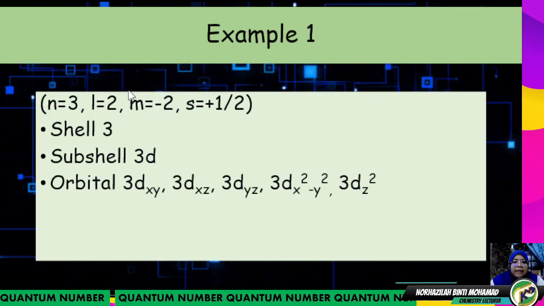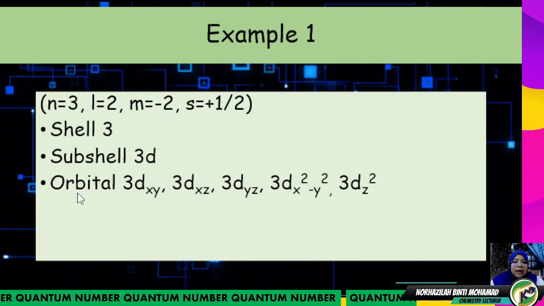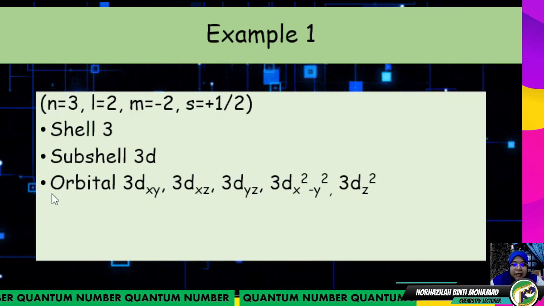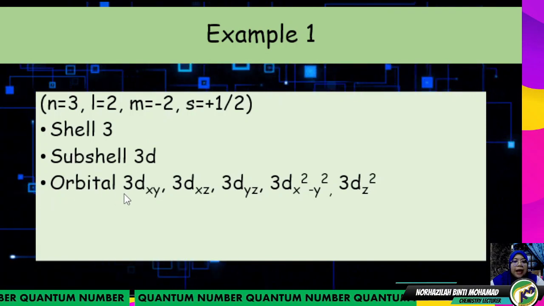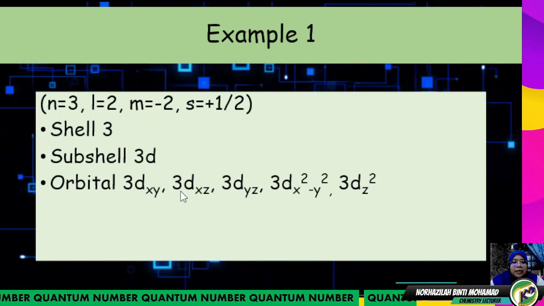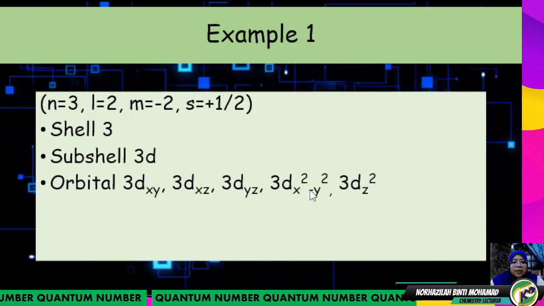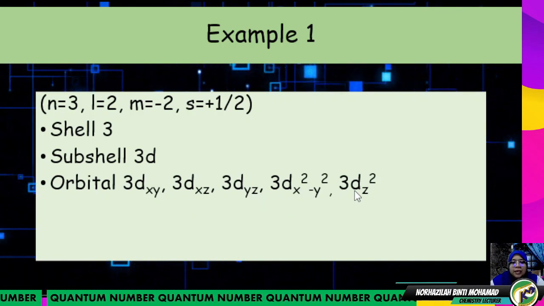And the value m equals negative 2 means that the electron is in orbital either 3dxy, 3dxz, 3dyz, 3dx squared minus y squared, or 3dz squared.